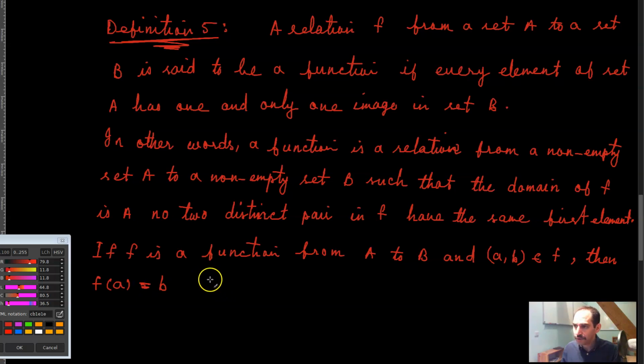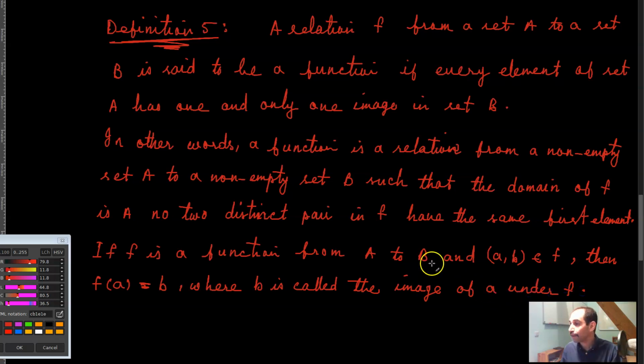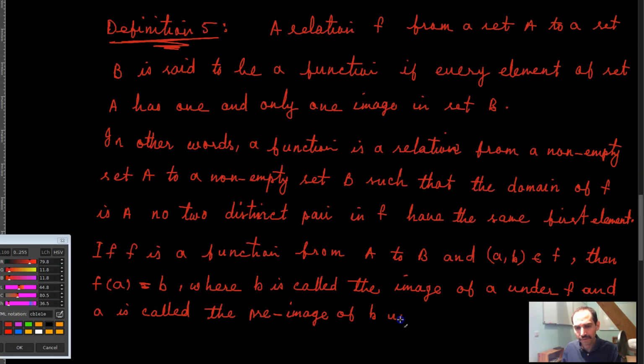Where b is called the image of a under f, and a is called the pre-image of b under f.